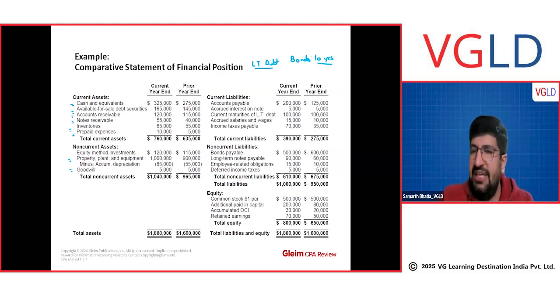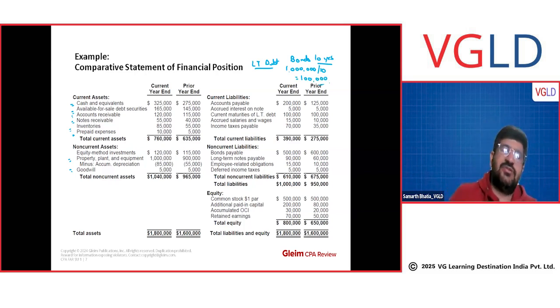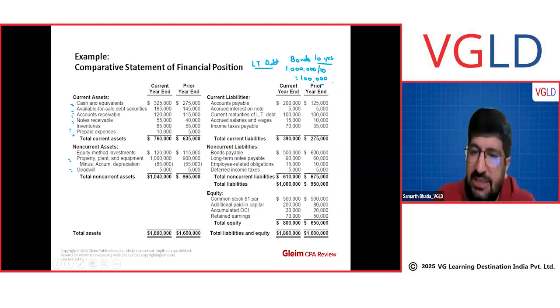But if these are bonds on which the payment will be made on a yearly basis, like the value of the bonds is $1 million and equal installments will be paid every year, so 100,000 will be paid every year, then whatever 100,000 we have to pay in the next 12 months is treated as a current liability. So the current maturity of long-term debt is part of current liabilities.